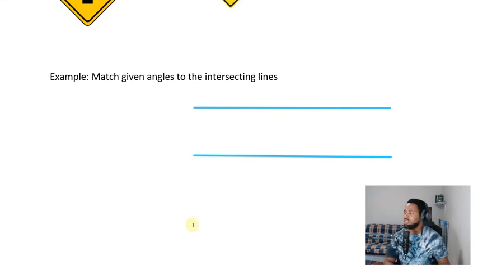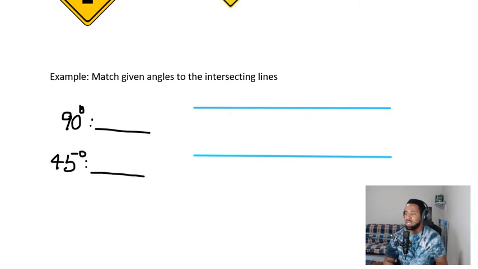One example would be, if you're given a question that asks you to determine which lines that intersect at a point represent 90 degrees, another one will be 45 degrees, and another one, let's make it 135 degrees.